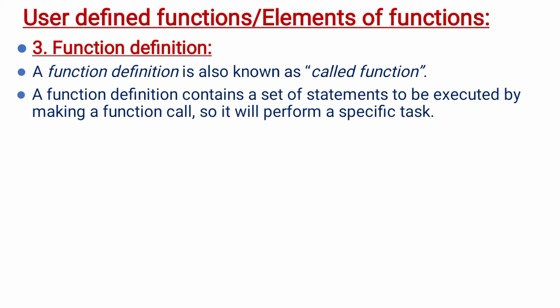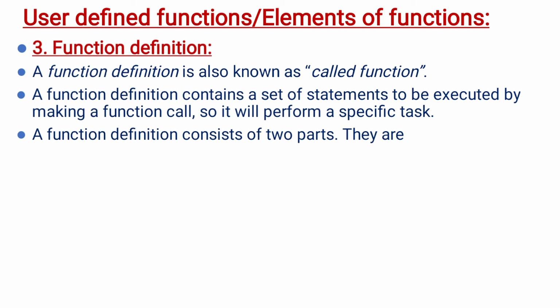When the function call is made, the control directly comes to the function definition. These statements are executed by the function call, and when they are executed, a specific task will be performed.